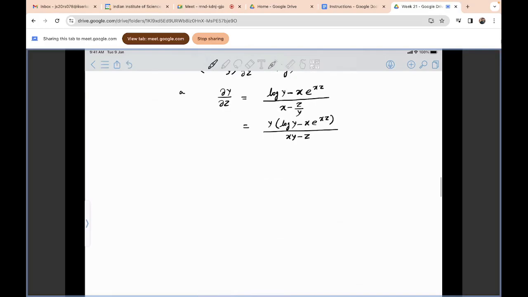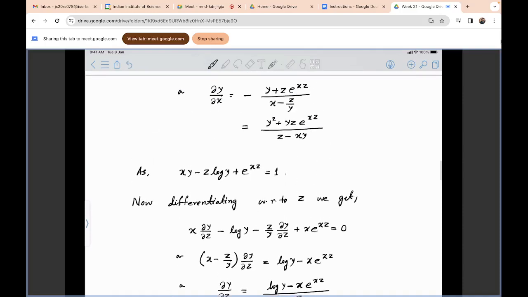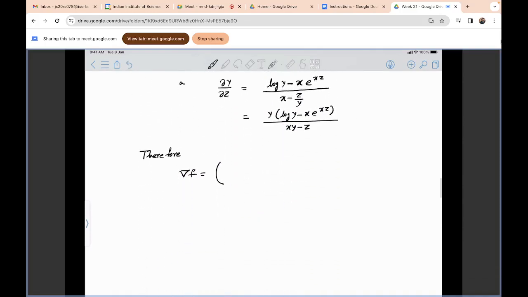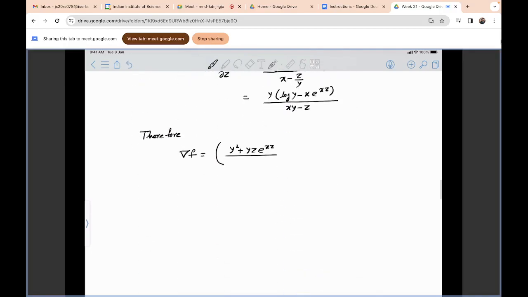Therefore, what is the gradient? The gradient of f is: del y by del x is y square plus yz e to the power xz by z minus xy, and the other one is y into log y minus x e to the power xz by xy minus z.